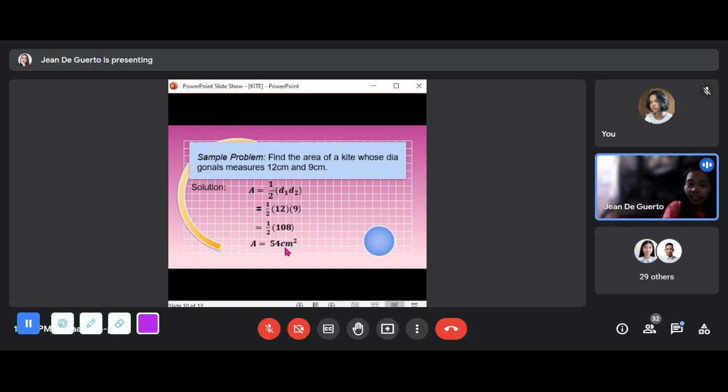What will be the length of the other diagonal? The area of the kite is 200, and one of the diagonals measures 10. What will be the length of the other diagonal?